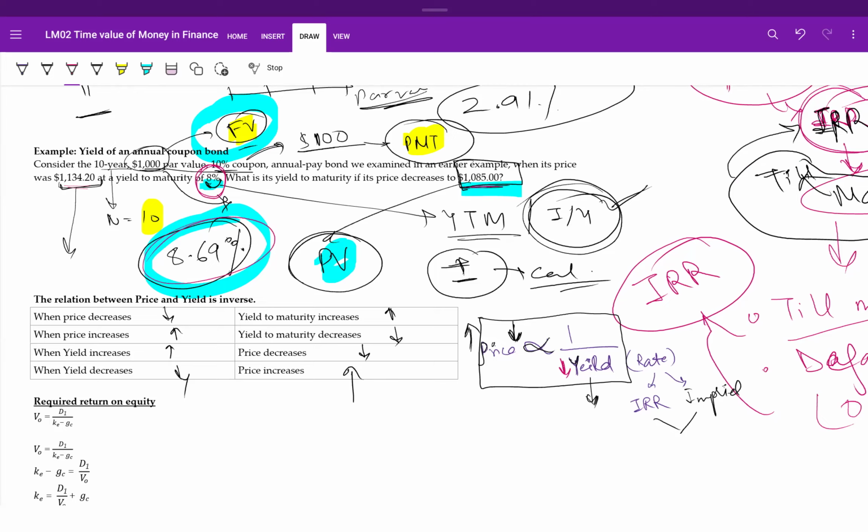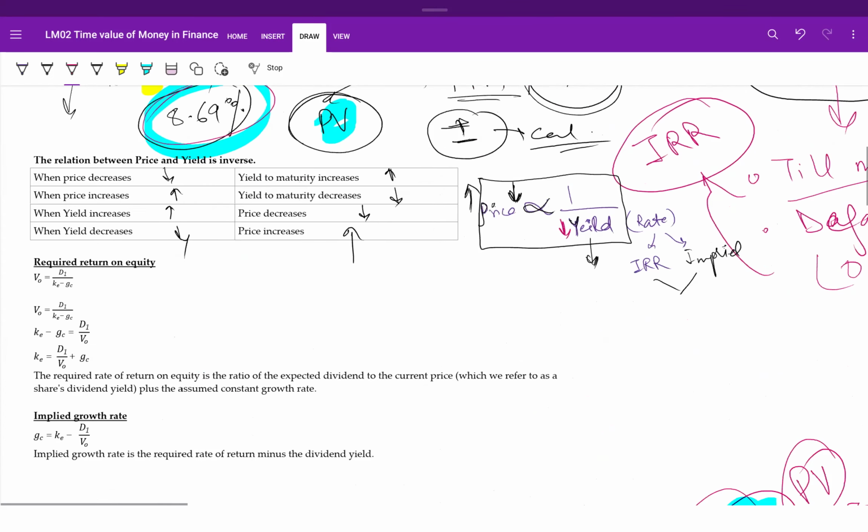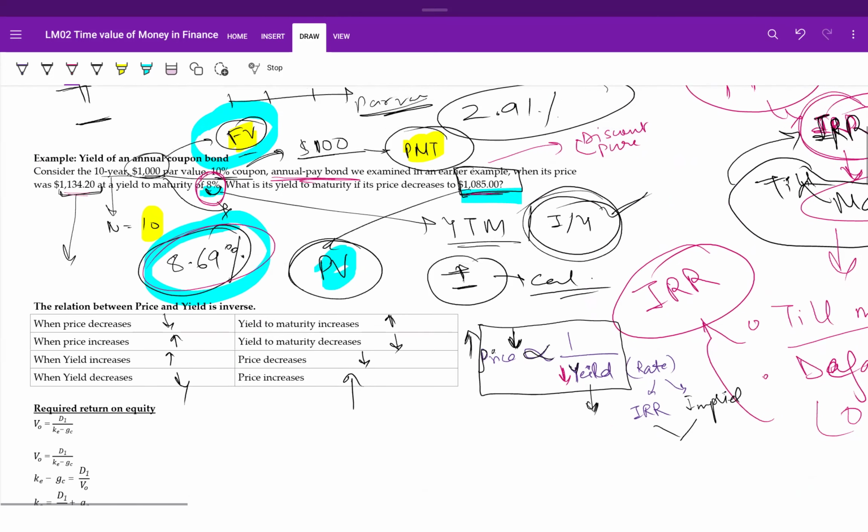And the same annual pay bond we examined in the earlier example, this means that this is a pure discount bond. Yes, we were discussing the pure discount bond, and by now you know that when we say pure discount, this means the PMT is actually zero.